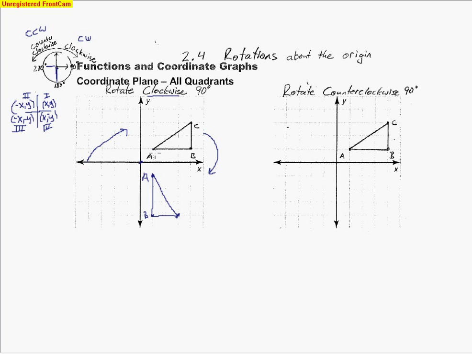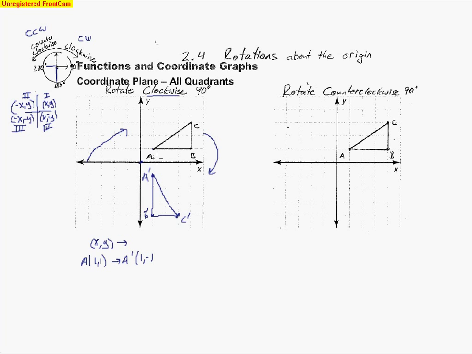If we look at the A values, the X's and Y's, and compare them to the X's and Y's for the image, looking at just the A value to start with, we see that is 1, 1. And A prime, which we'll call right there, is going to 1, negative 1.